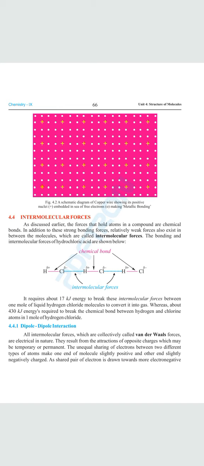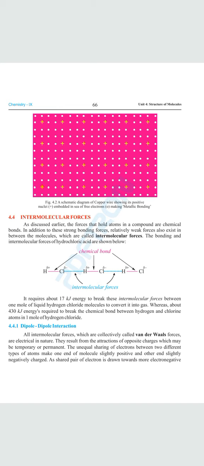The bonding and the intermolecular forces of hydrochloric acid are shown in the picture below. As we know, in this diagram, the partially positive H makes a bond with chlorine in HCl, and these HCl molecules are held together through intermolecular forces.